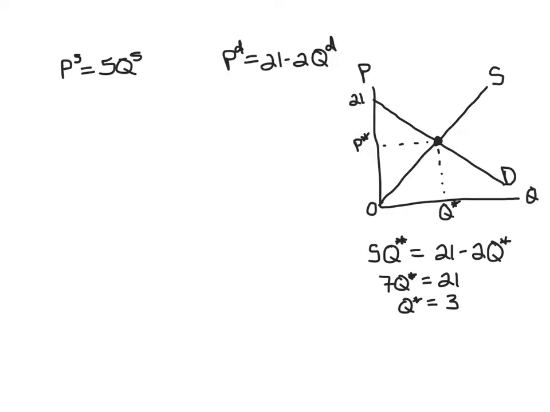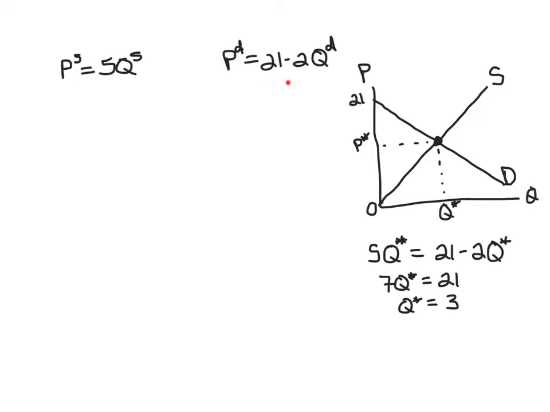And then we would take this Q star equal to 3 and plug it back in either into our supply curve and it'll spit out P star, or we can equivalently plug it into QD in our demand curve and it'll spit out the demand price, or P star.